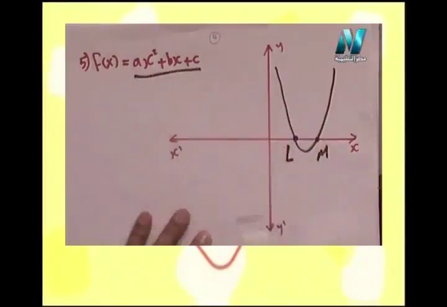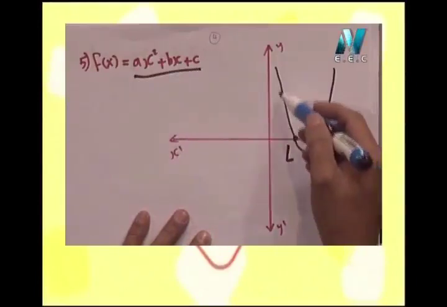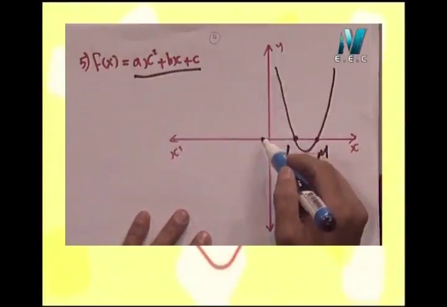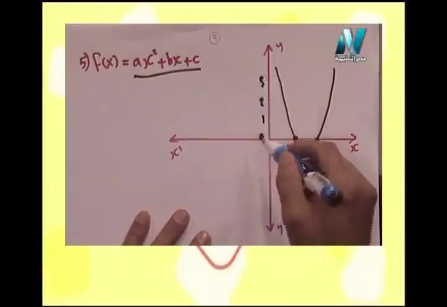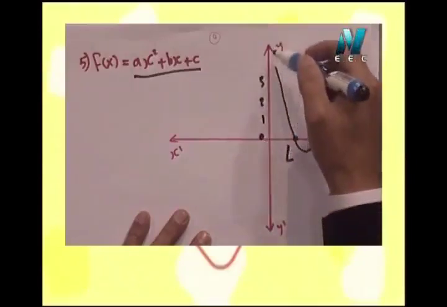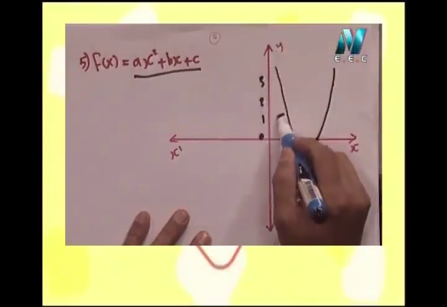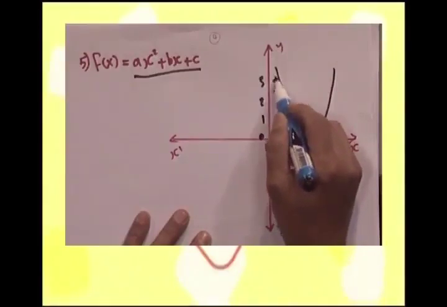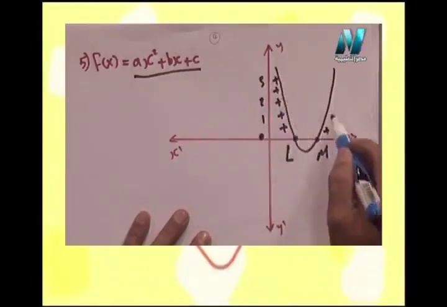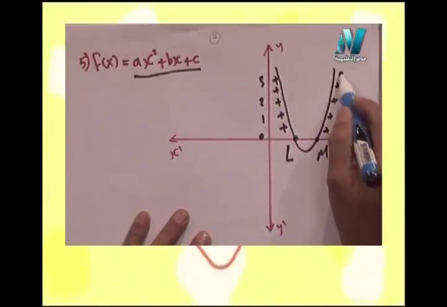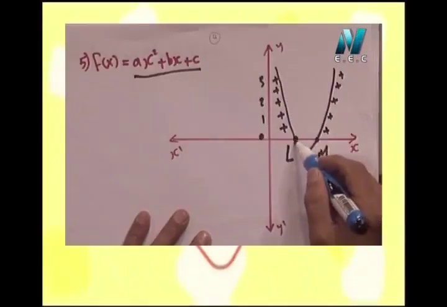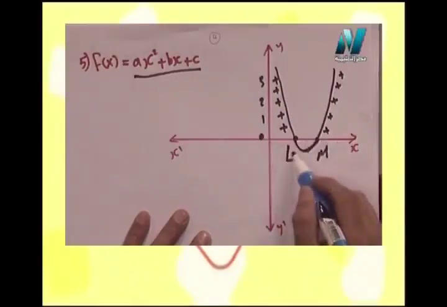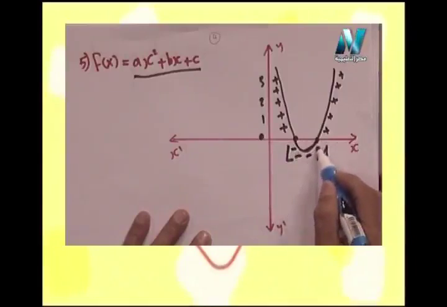Of the quadratic function. Look carefully at this part. This part is above the x-axis, and this is the y-axis, 0, 1, 2, and so on. It's positive. So this function will be positive at this part, and also positive at this part. But this part, which is downward of the x-axis, of course will be negative.